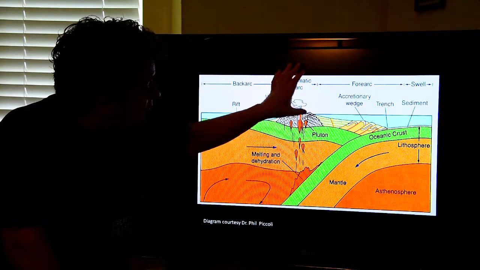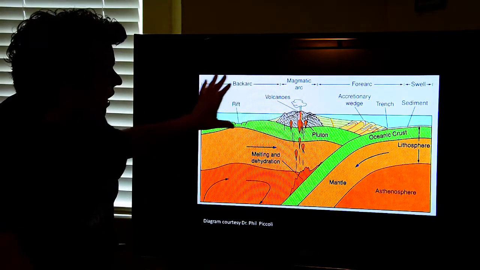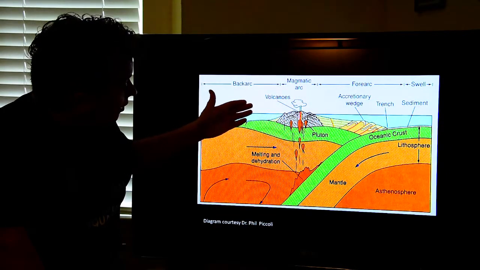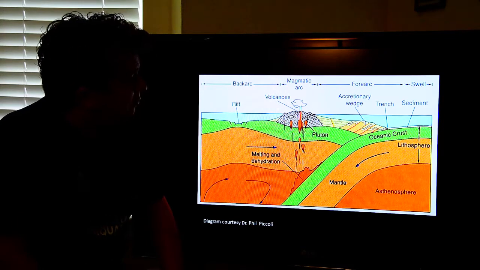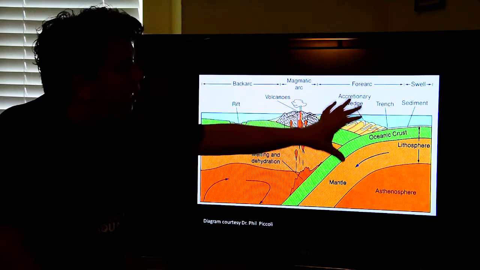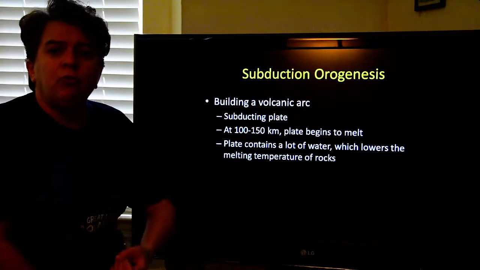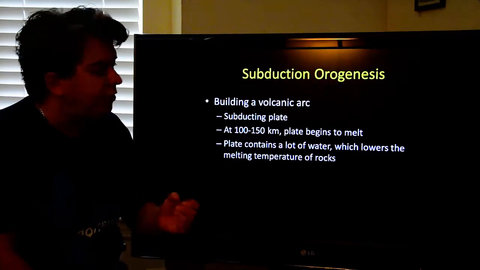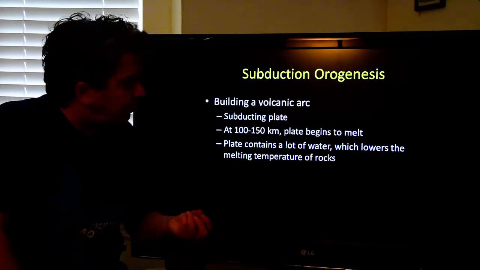Then we reach our volcanic arc, and then behind that we have the back arc area where we have sediments being accumulated that are washing off that volcano. Let's look in a little more detail at what happens in all of these places. So how do we build this big stratovolcano of the volcanic arc? Well, you of course need that subducting plate.